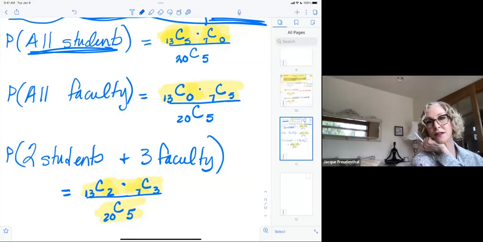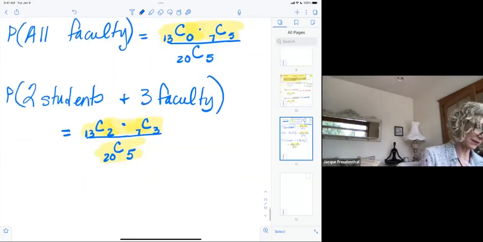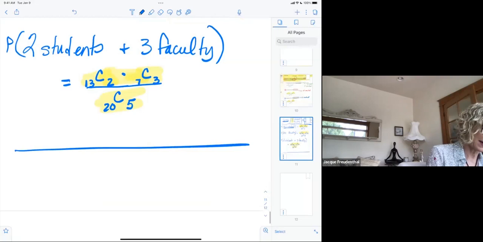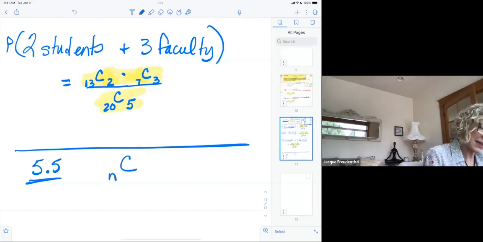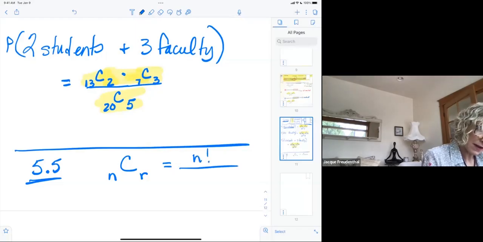So you certainly know there's a formula. So the formula, if you've done 5.5, so if you haven't done 5.5, it's due today. So 5.5 for the combination, and they use n and r. So this is n factorial over r factorial times n minus r factorial.